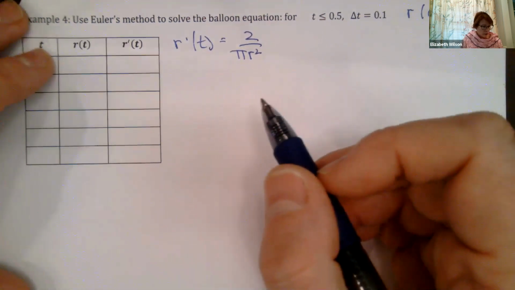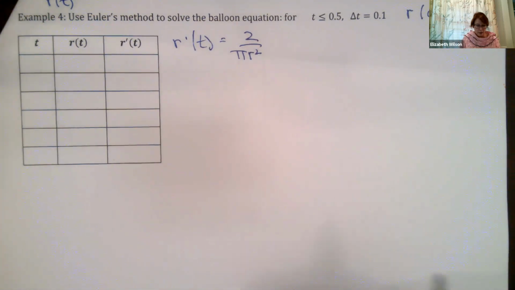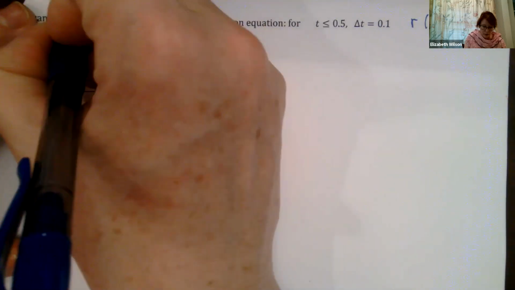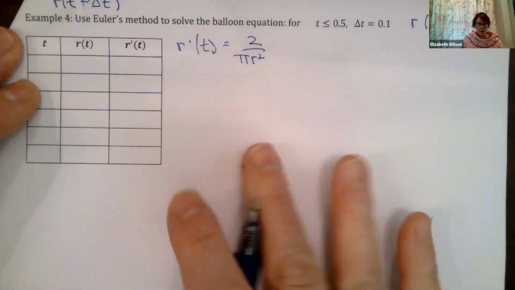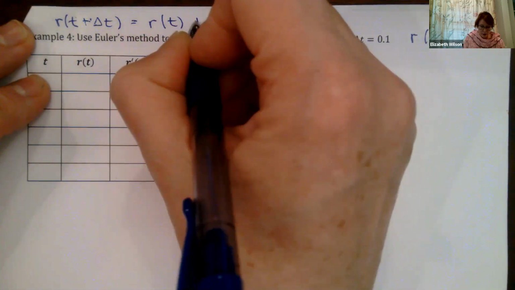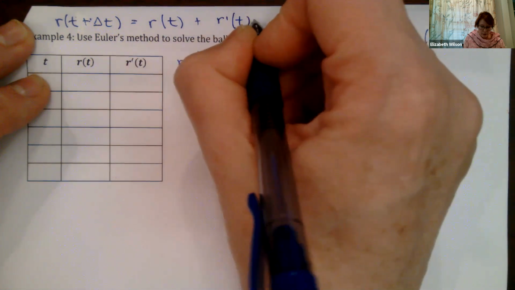Now let's write down our Euler's equation, in terms of r. Our Euler's equation always helps us predict the next step: r of t plus delta t equals r of t plus r prime of t times delta t.